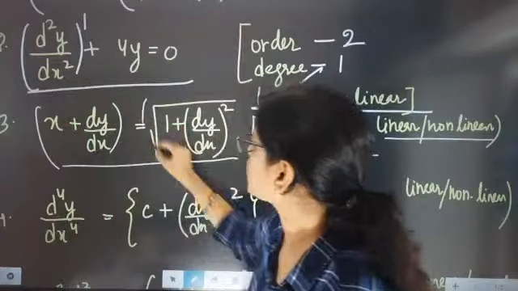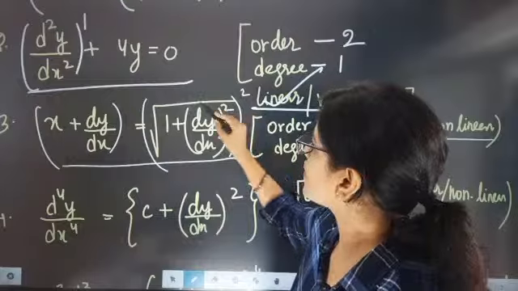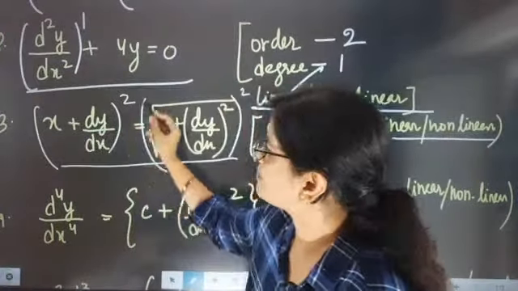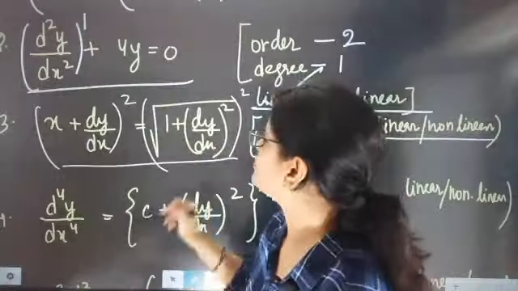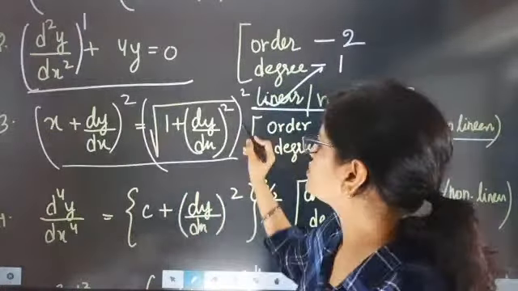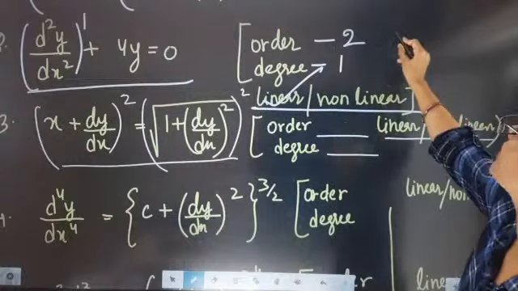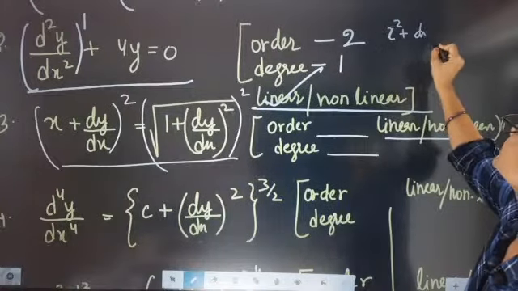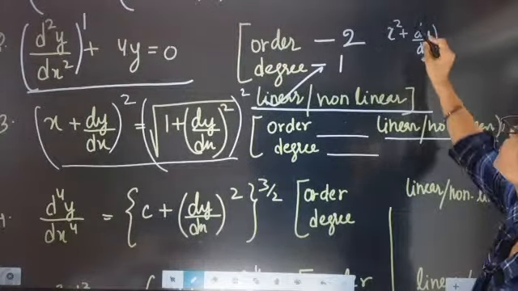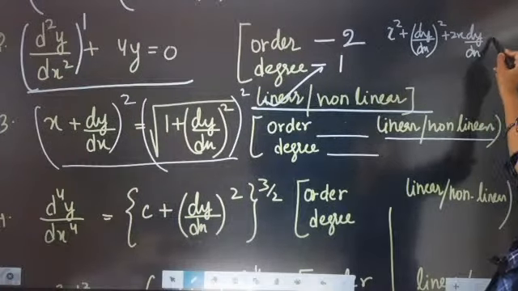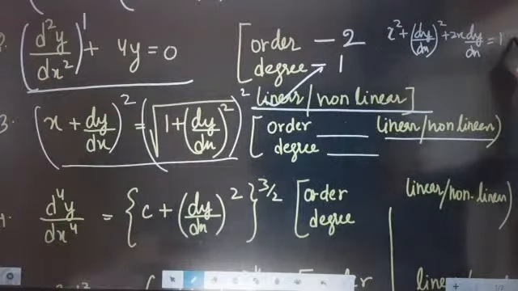So here first you have to square both sides. When you square both sides, this square and this root will get cancelled. So now here x plus dy by dx whole square will be there. I am just writing it here. It will become x square plus dy by dx whole square, plus 2x dy by dx, and on this side it is coming as 1 plus dy by dx whole square.